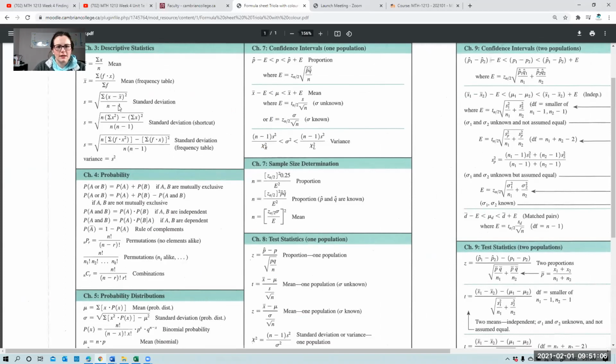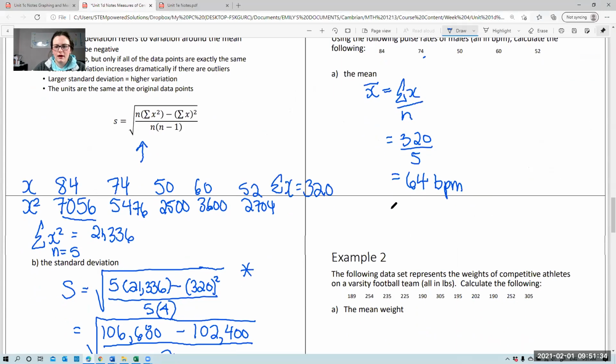You're going to be using a lot of the formulas at the top left of the formula sheet, so that you get used to looking at it, and when it comes time to your exam, you know where to find it. We just used this formula right here, which is for ungrouped data, or data that comes as individual data points, as in it's not coming in a table.